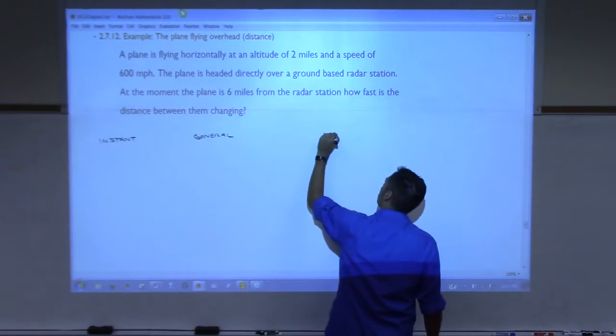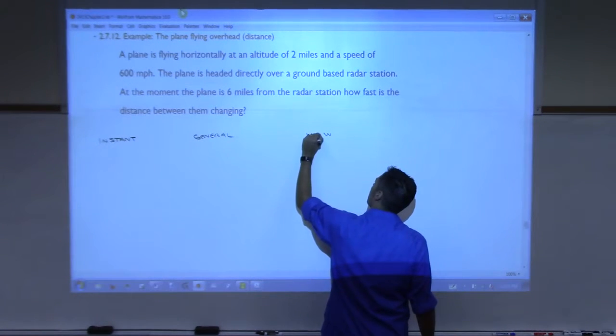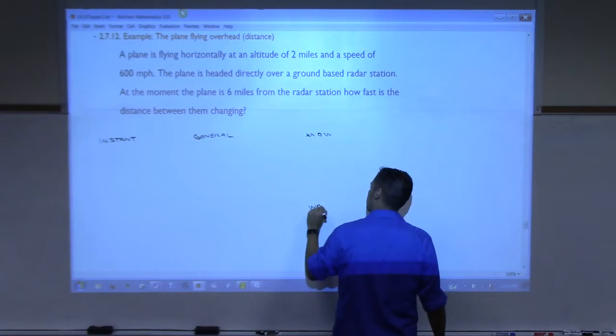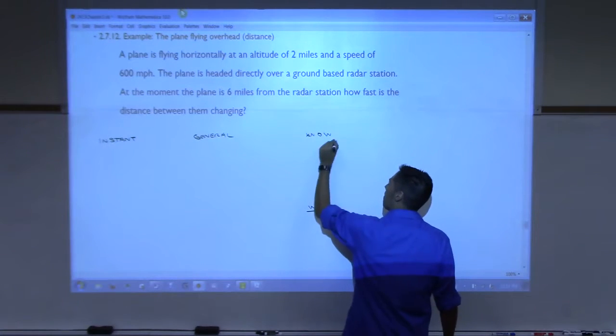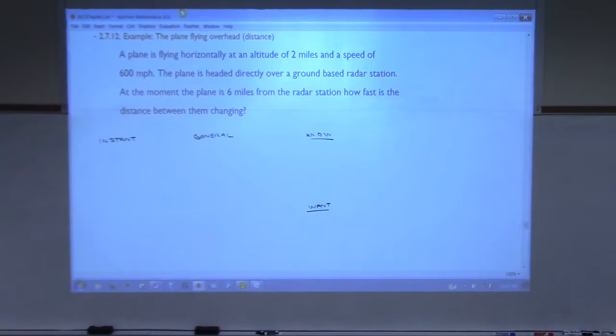What do we want? Or what do we know? We know the height and the speed. And what do we want? Okay, I heard that we know the height of the plane, 2 miles, and that's never going to change in the problem, right?